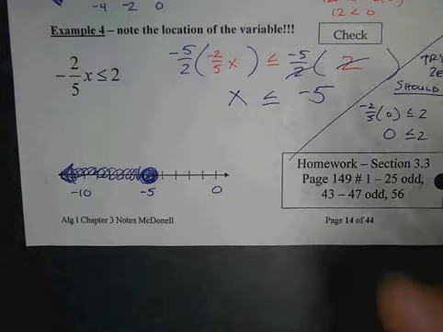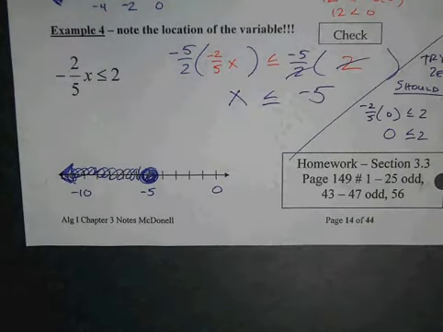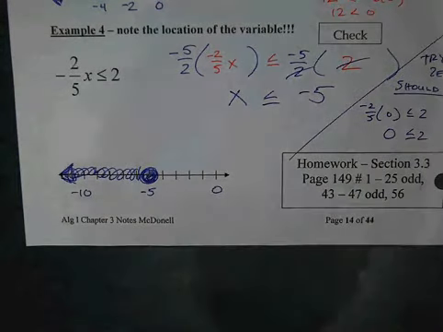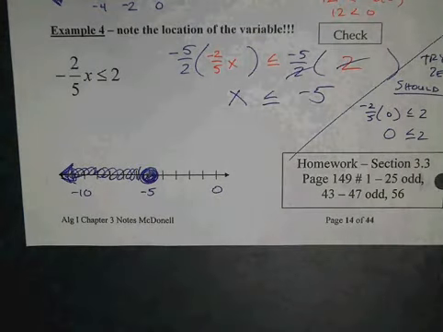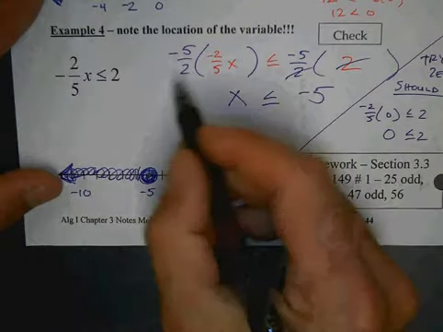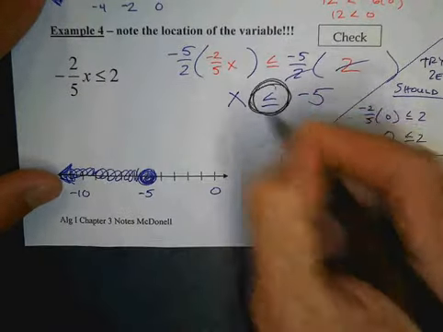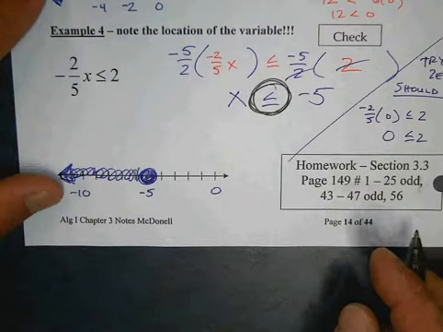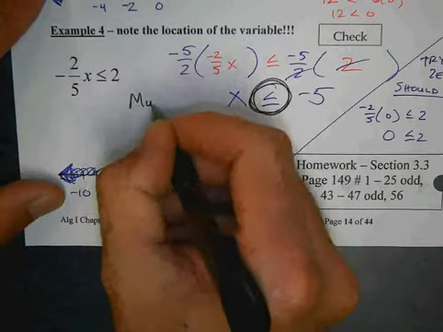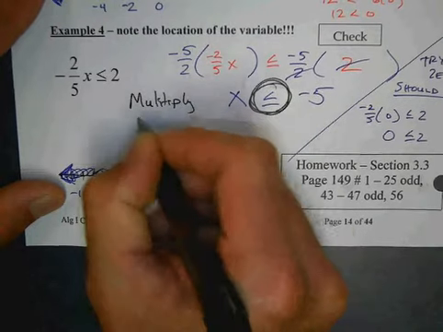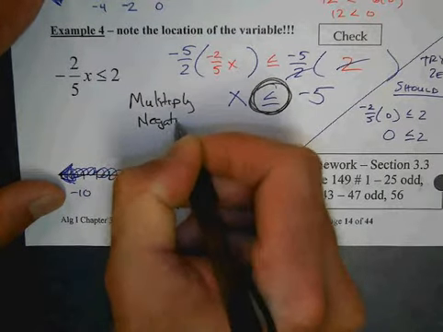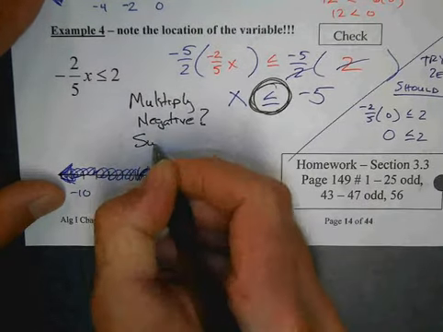I need error analysis here. We made an error. Brett? Is he correct? Did we multiply or divide by a negative? After we did that, did we switch the sign? Look right here. Did we switch it? Okay, so put a note out that says multiply negative, question mark, switch the sign.